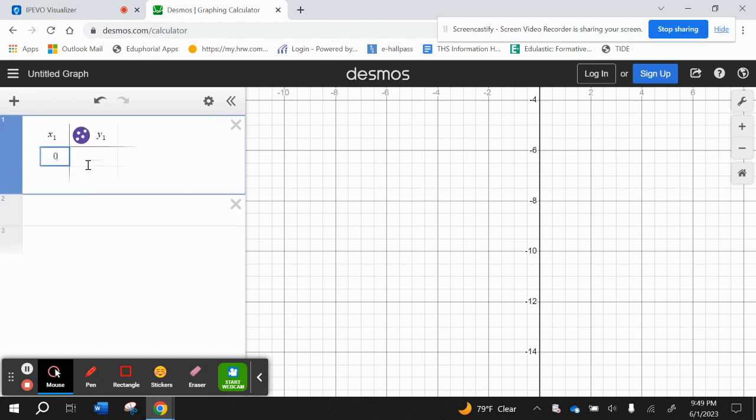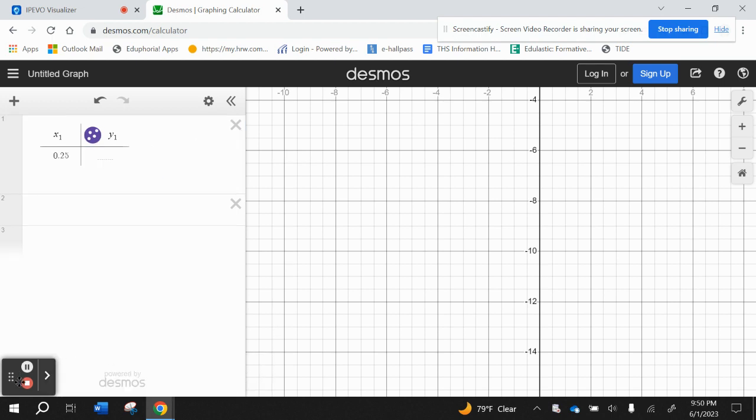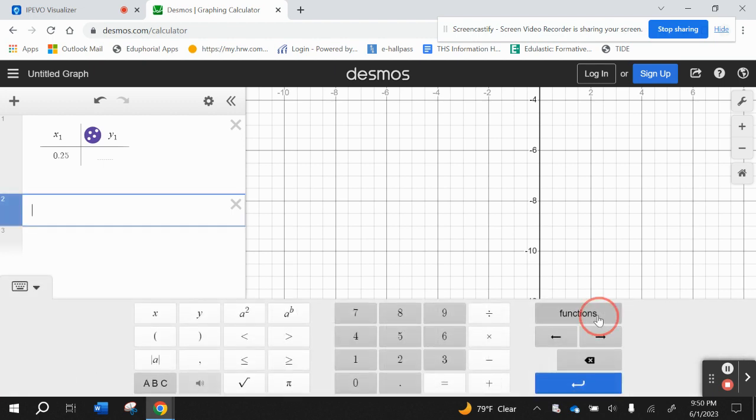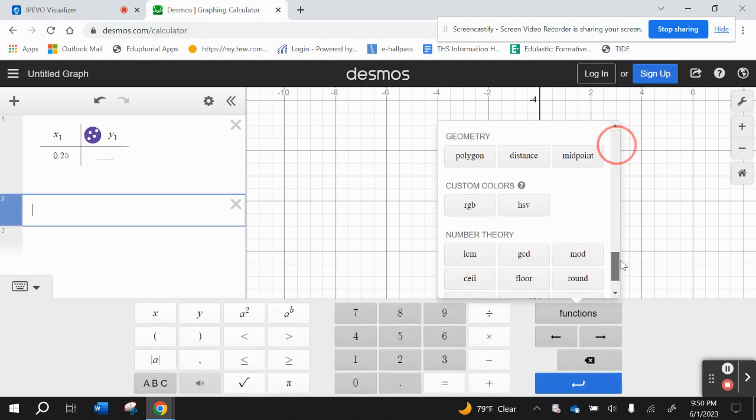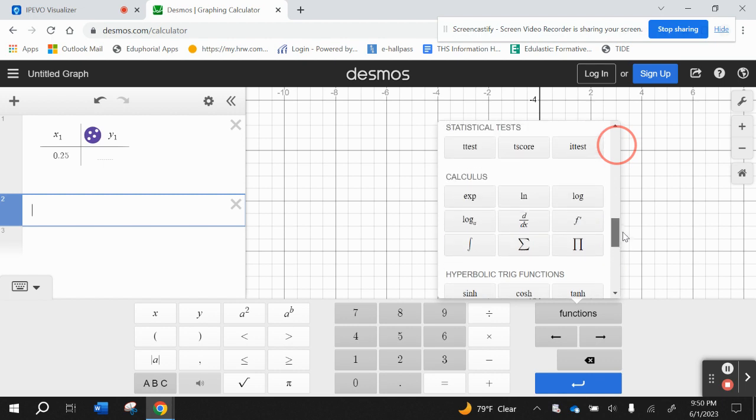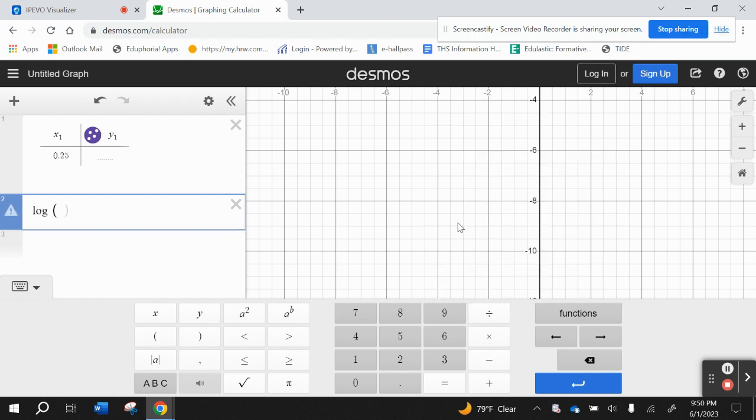And 0.25. So we need to get this out of the way. Now we're going to need to actually use functions. I believe from my last videos, it feels like years ago, but we can do that there. Oh, wait, let's get back into this box.